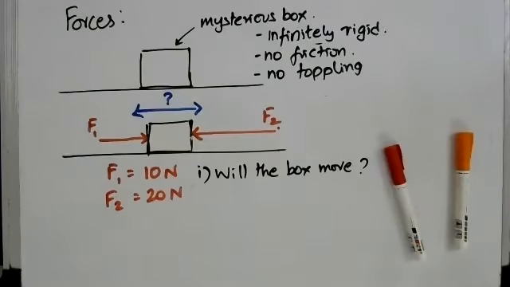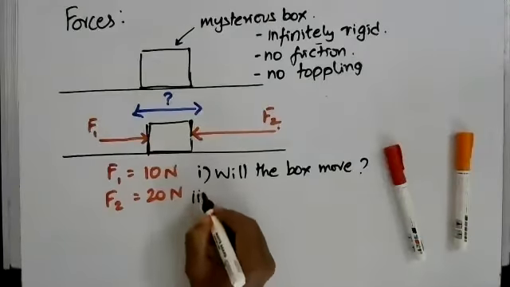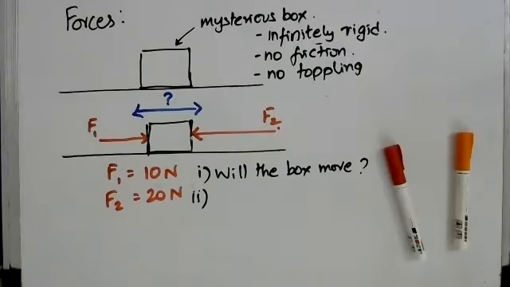Okay, great. One moment before you ask the question. Amrita, you're saying no, the box won't move. Why will it not move? I think it won't move, because you said it's infinitely rigid.